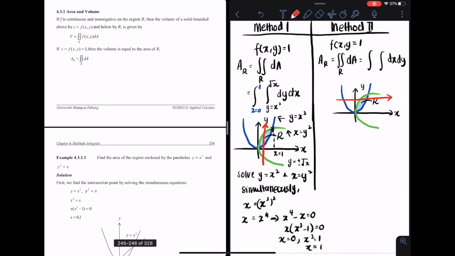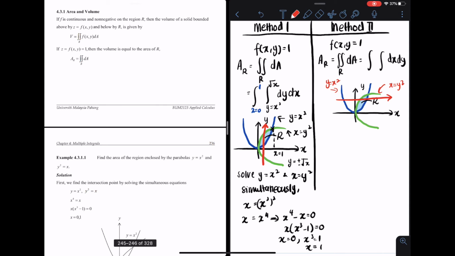And since right now we have dx dy instead of dy dx, the first integral is actually integration with respect to variable x, and variable x should be the subject of your equation. So we know already that this is x is equal to y squared, meanwhile this is y is equal to x squared.